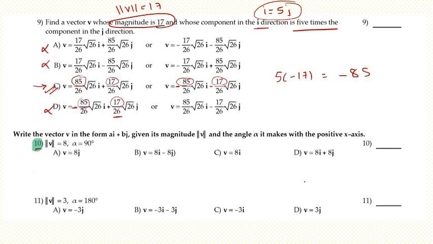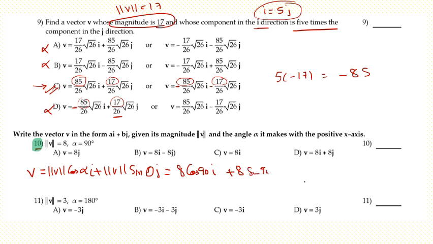We know that V as a component is equal to magnitude of V cosine the angle in I plus magnitude of V sine the angle in J. So it's 8 cosine 90 in I plus 8 sine 90 in J. Cosine 90 is equal to 0, so 0i. And sine 90 is equal to 1, so it's 8j. So the right answer is A.